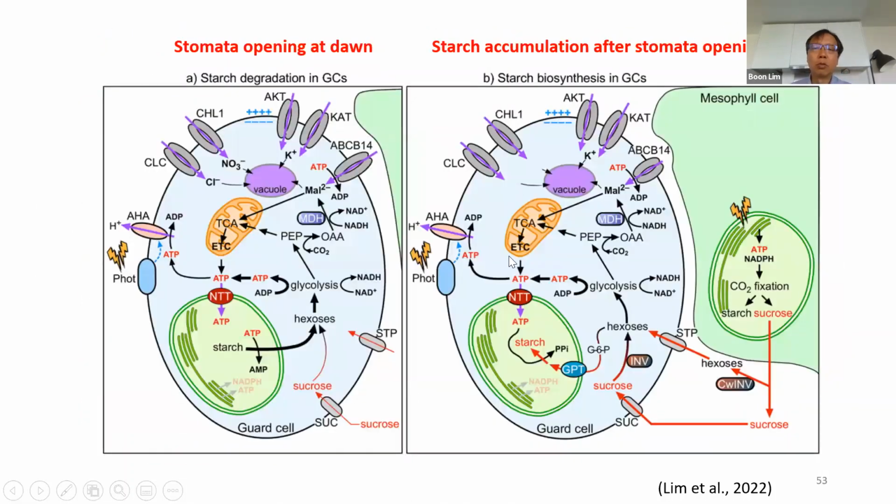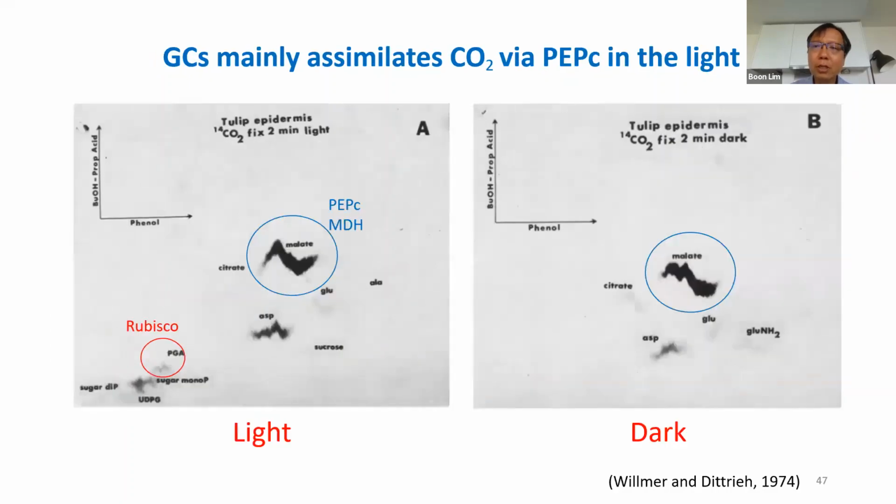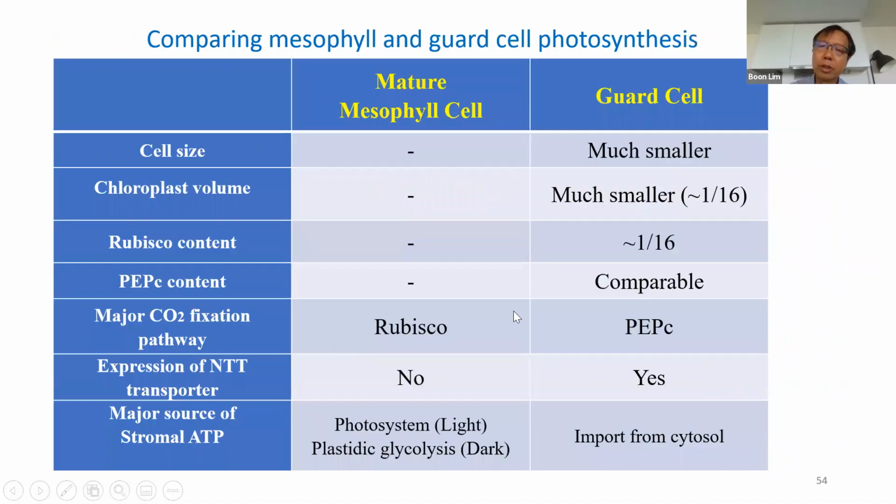Based on our data, we conclude that the guard cell can still carry out photosynthesis. Not only our data, but also this data shows a little bit of free PGA, but this is not the major pathway. If we compare the guard cell and the mesophyll cell, the guard cell is much smaller.